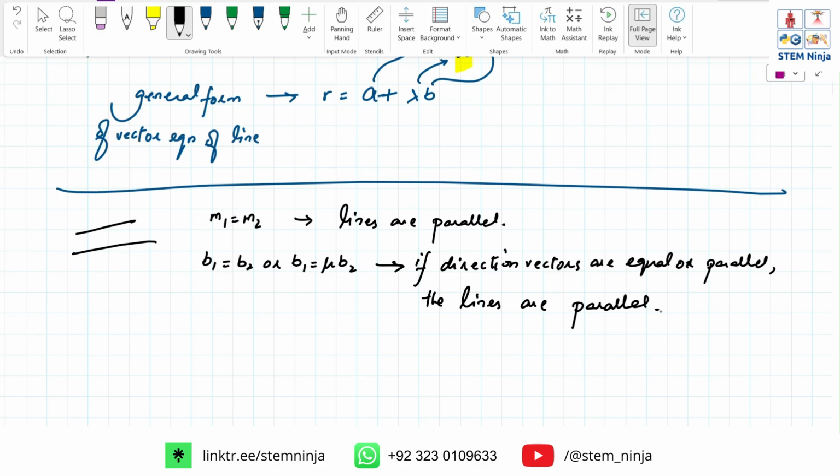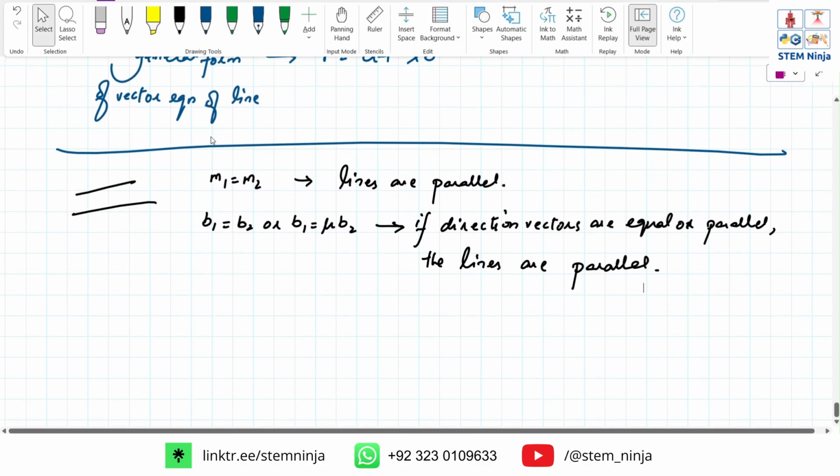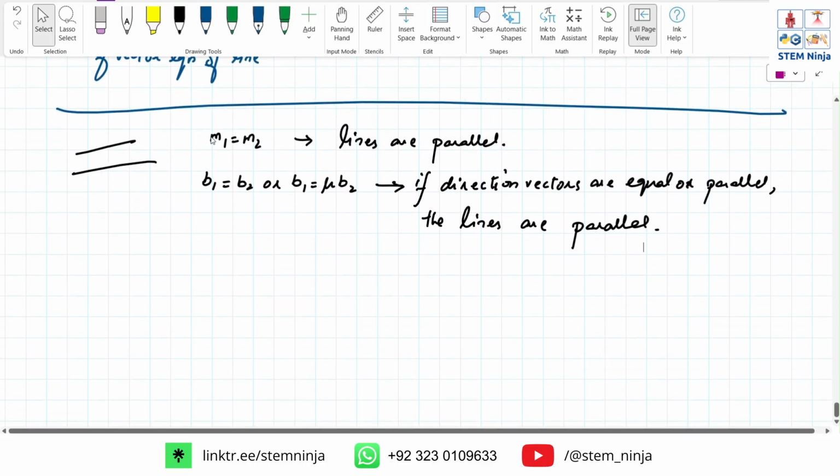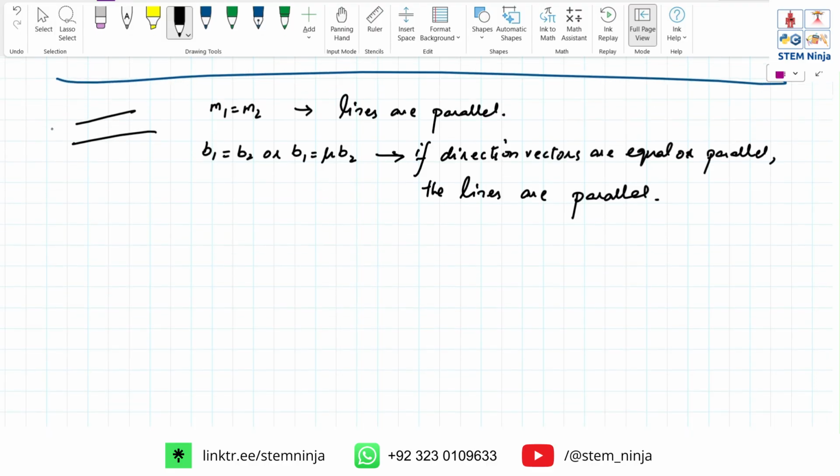Right? So this is the case when the direction vectors are equal. But what happens when direction vectors are not equal to each other?